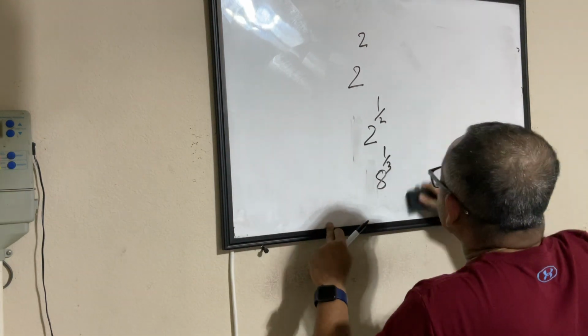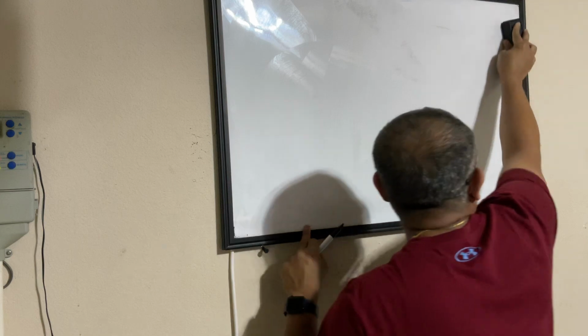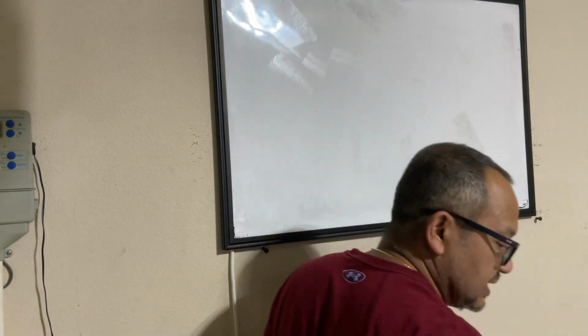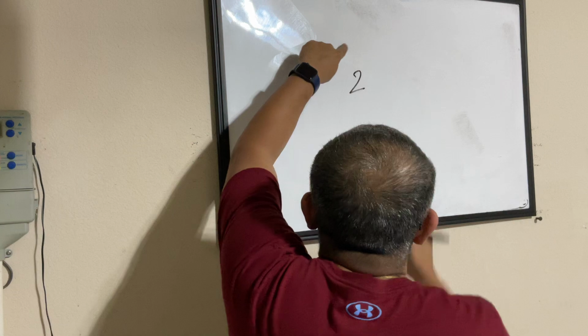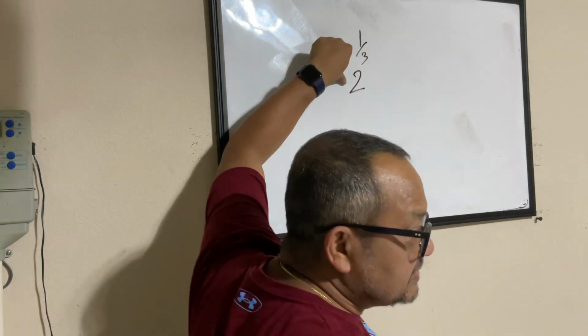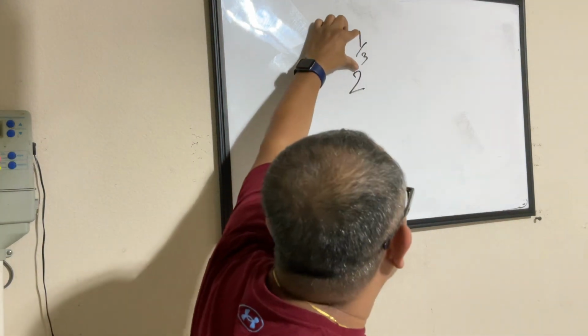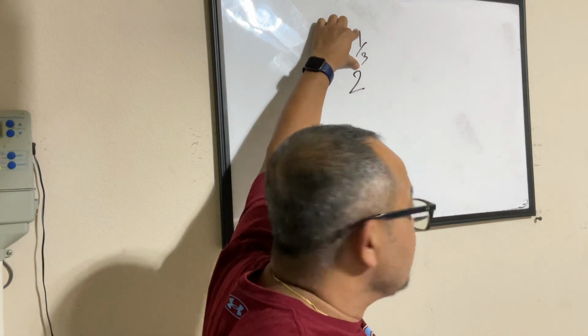Let's move on. So before we try dealing with the rational exponents, let me first give you one easy piece of information. I talked about two things, rational and radical exponents. It's the same thing, just two different representations. If I say 2 to the power 1 by 3, this is a rational exponent, because my exponent is in the form of a rational number.